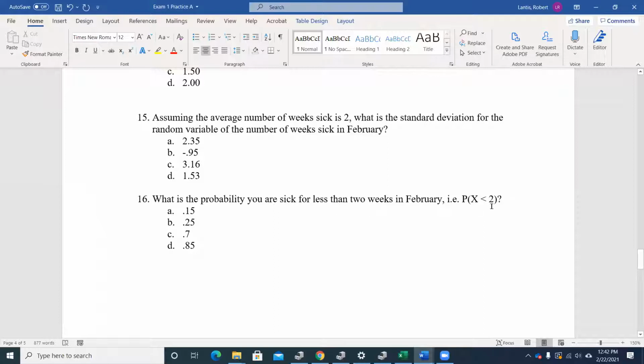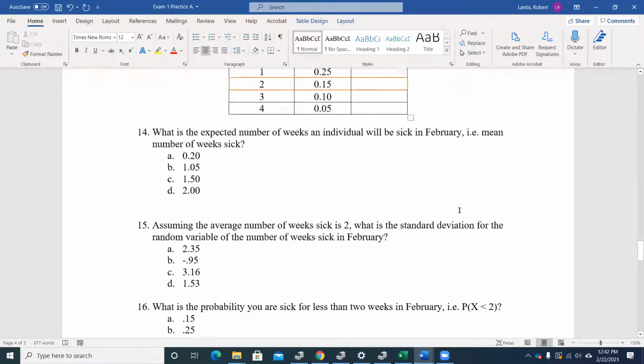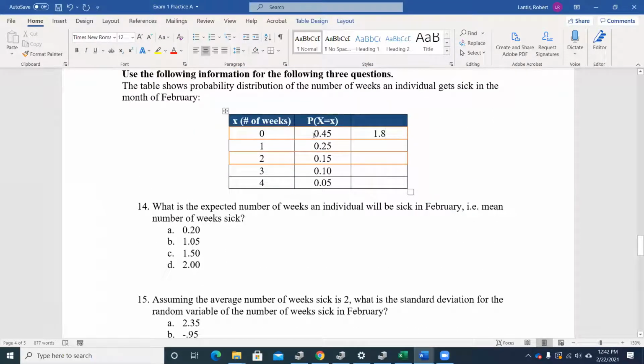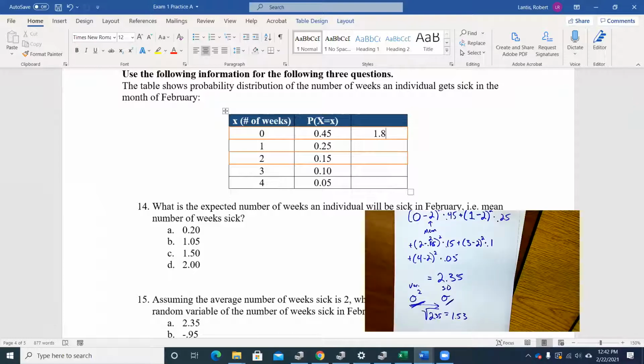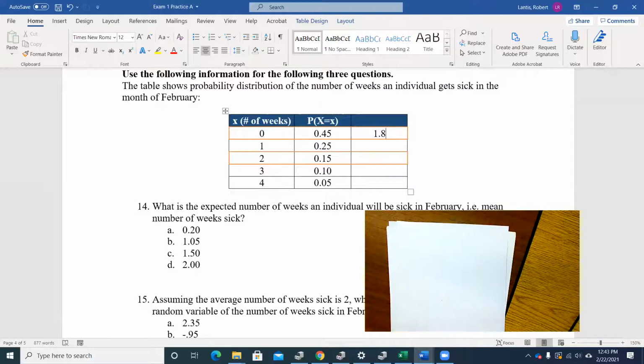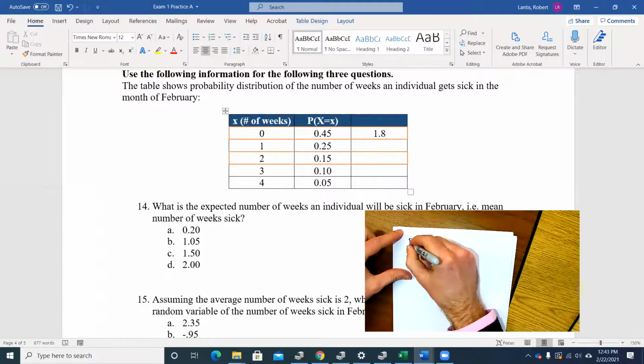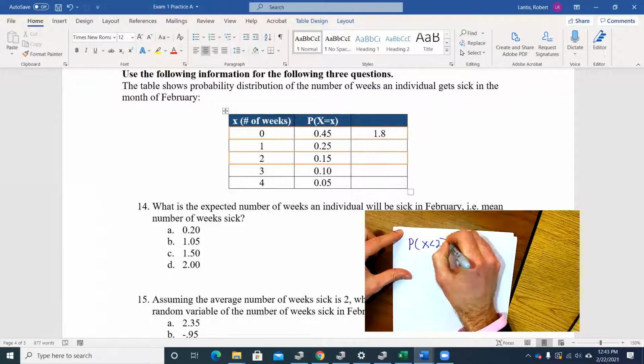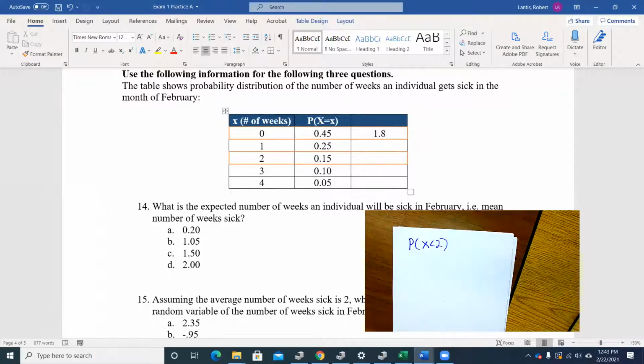Right? So the probability that X is less than 2. If I go up here, what's the probability that someone is sick for less than 2 weeks? Well, I could write this out, be real formal about it. We didn't really do this as much with the general discrete random variables; I focused more on the binomial and Poisson.